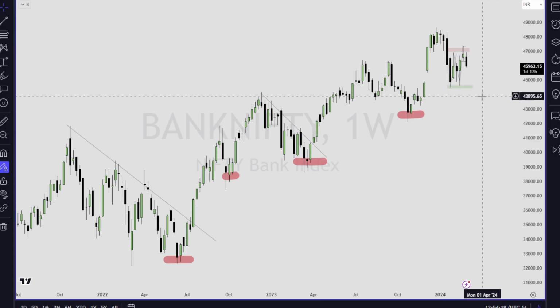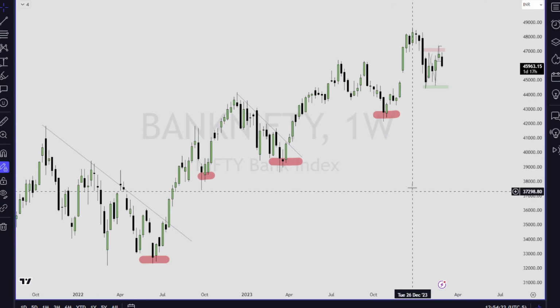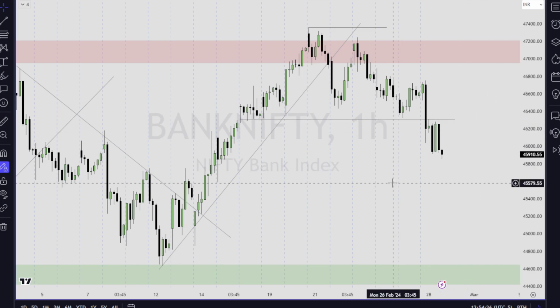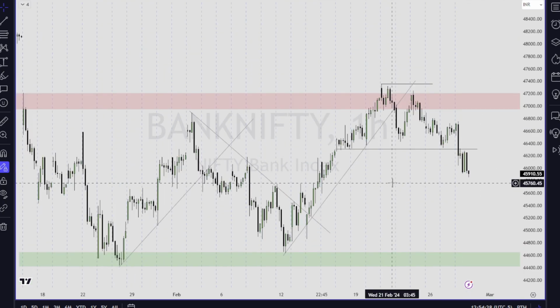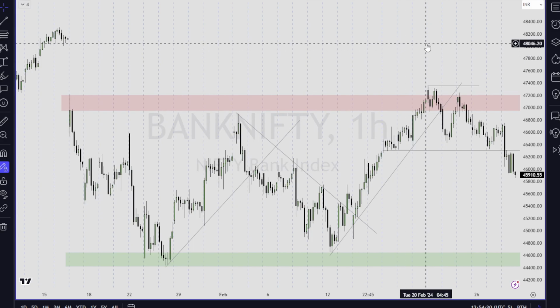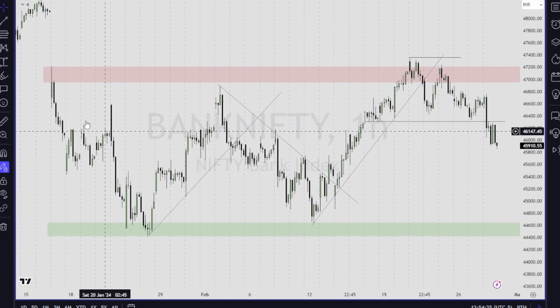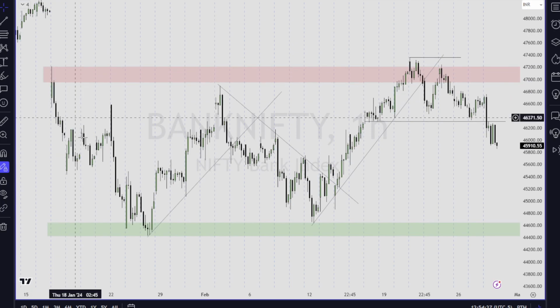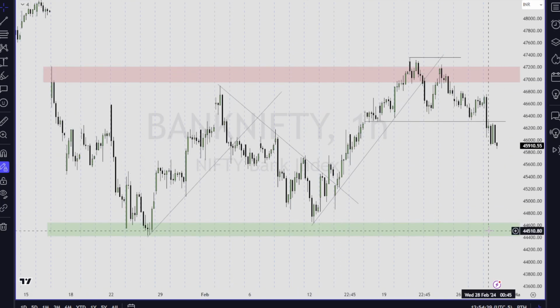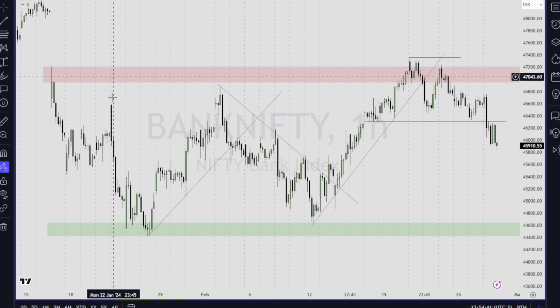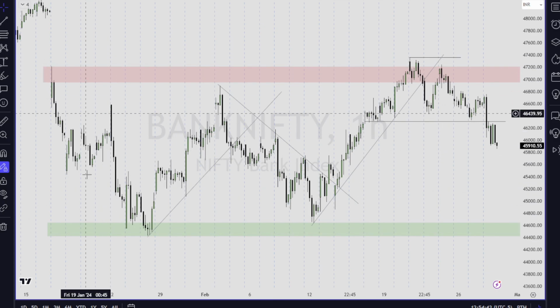It won't go up, it won't go down. So this is what the higher time frames tell us about the Banknifty chart, and probably we have seen this stuff. I'll make it quick. Price is in between this range. This is a 2000 points range, 47,000 to 45,000.